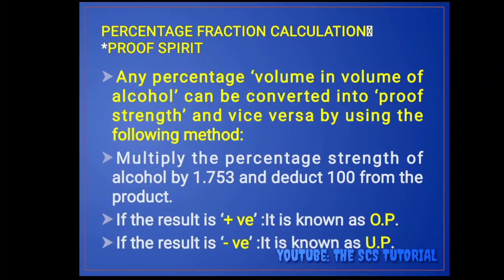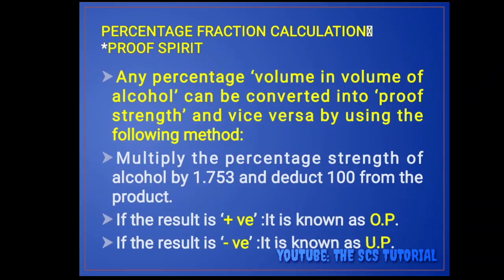So any preparation or any percentage volume in volume of alcohol can be converted into proof strength, and vice versa also. We can convert a proof strength into its volume in volume of alcohol form by multiplying the percentage strength of alcohol by 1.753 and deducting 100 from that product, it will be interconverted.